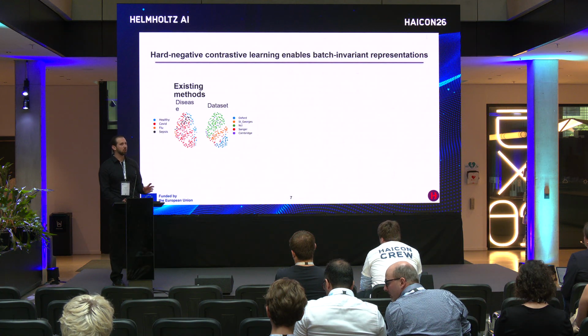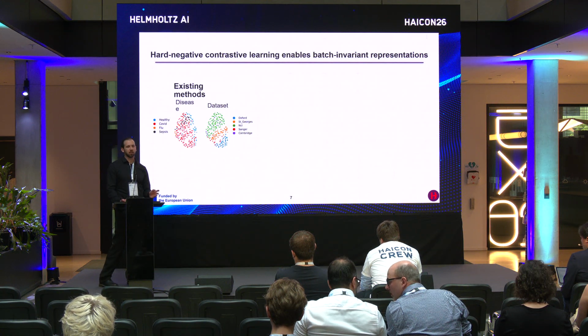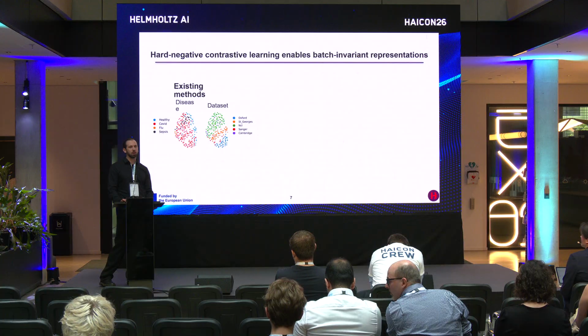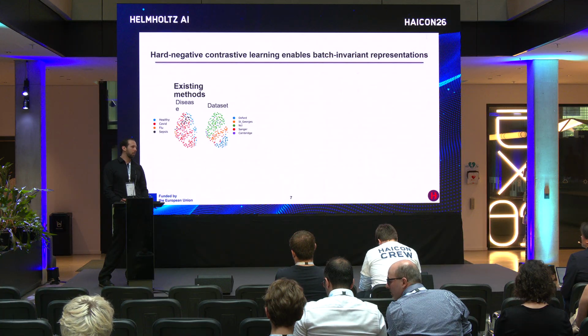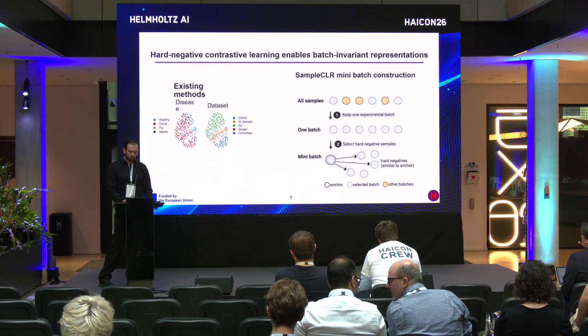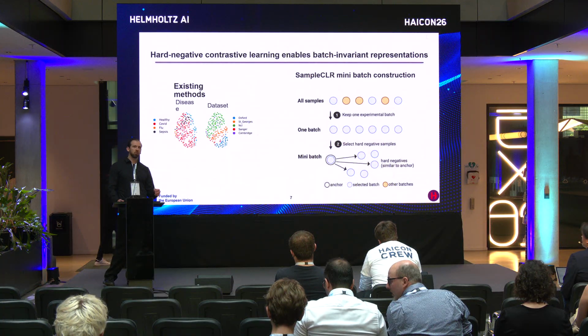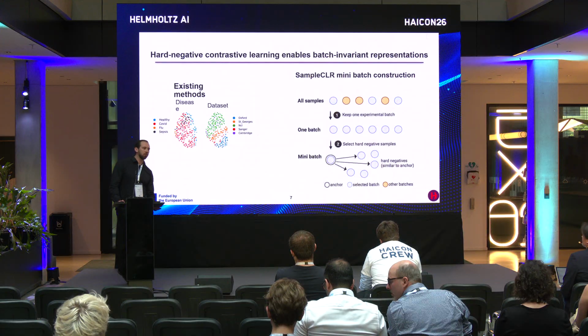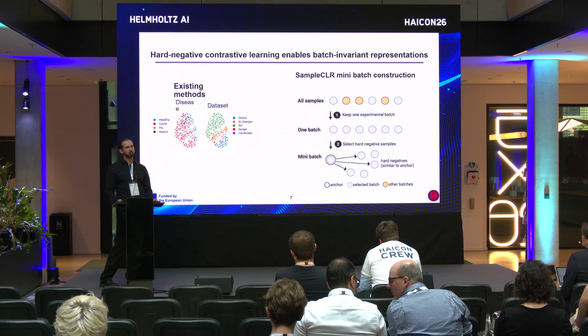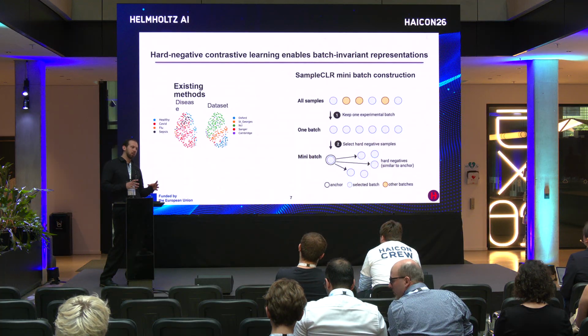Previously, there has not been a lot of, or basically no method that explicitly tackled this issue in the sample representation field. There's a lot of work in the single cell field and really well-working methods, but we thought, how can we approach this? So what we do is we don't go via an explicit loss formulation or force the model to ignore batch effects, but we do this in an implicit way, where we create training mini batches for the model.